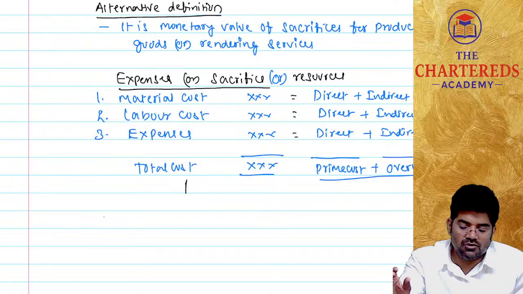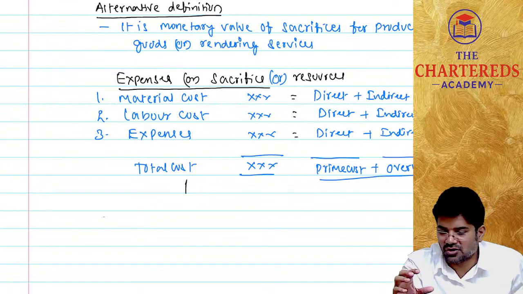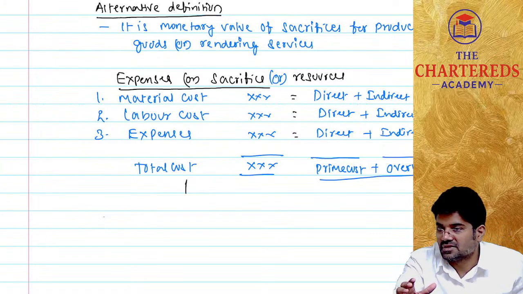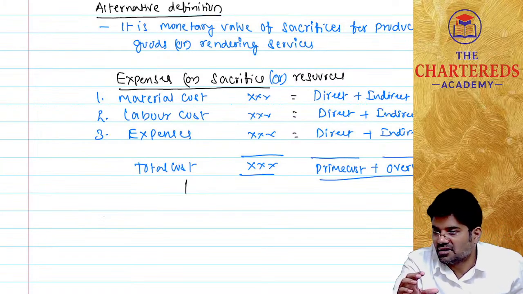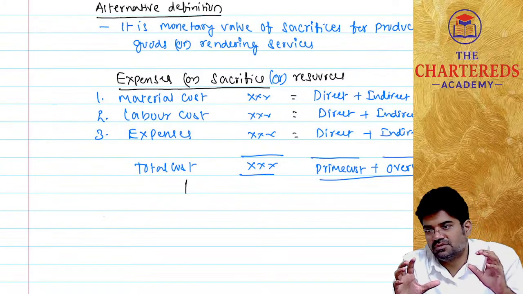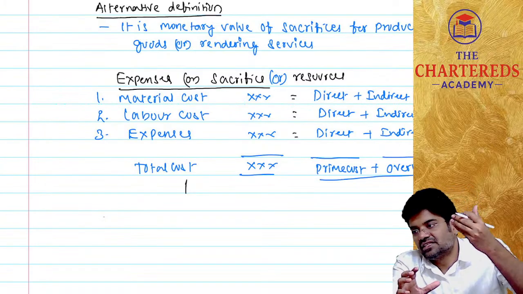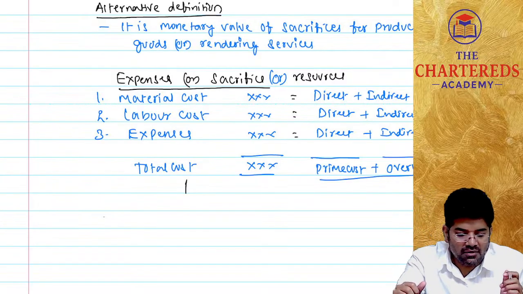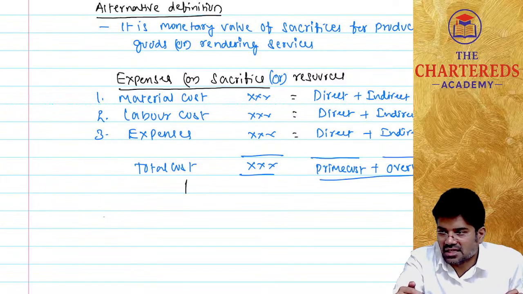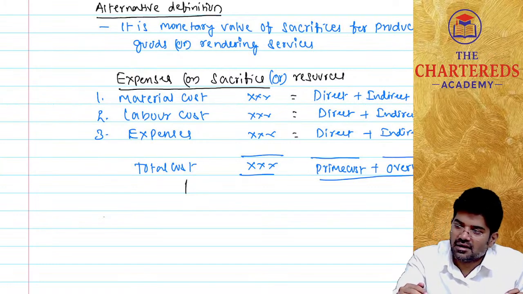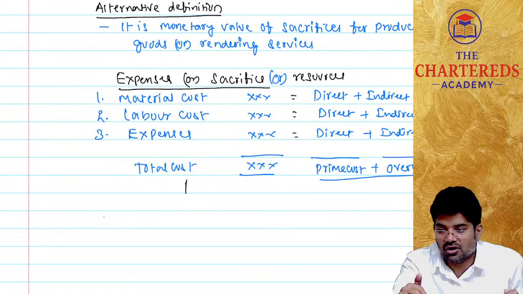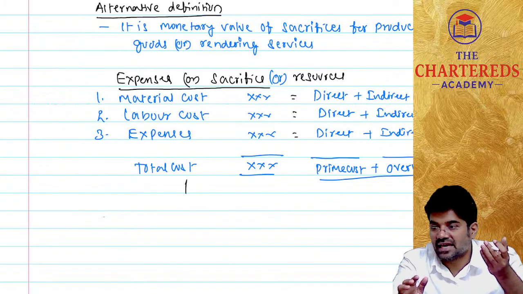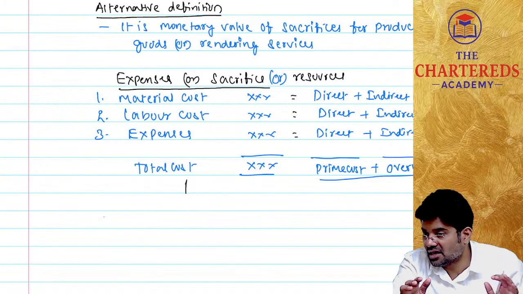So now these expenses or these costs can be classified on the basis of traceability with respect to a cost object, whether these are direct or indirect. Why we need to do that is, as I told you just now, our objective is to control cost or reduce cost. Then you should know which one can be controlled, which one cannot be controlled.